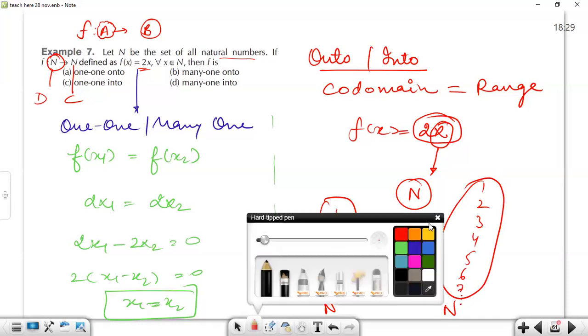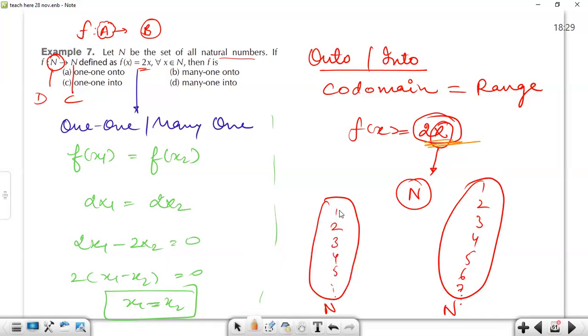Now let's map using the function 2x. For 1, if you put x as 1, what will be the outcome? 2. Yes. If 2 is x, what is the outcome? 4.